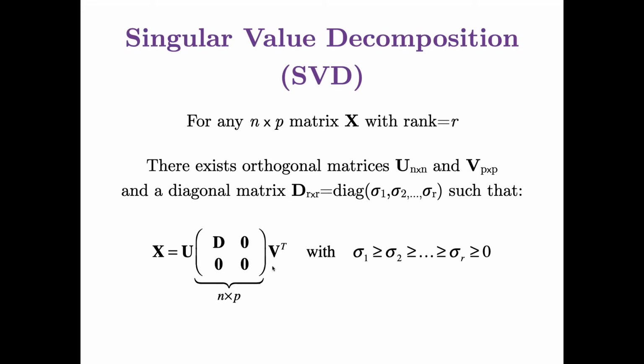Now, again, this is in the statement of the theorem. They just decide to call this thing V transpose. Why? Well, because the rows of that matrix are what's interesting to us, meaning the columns of V.